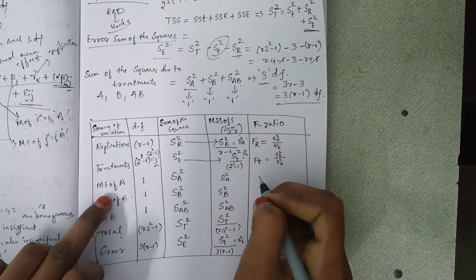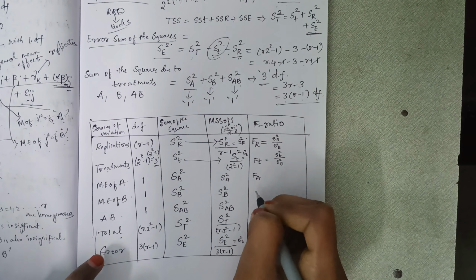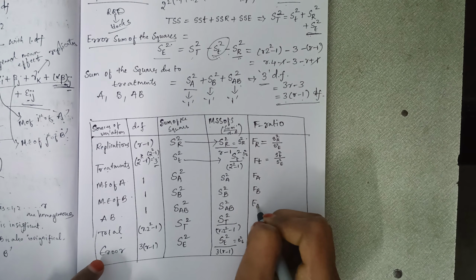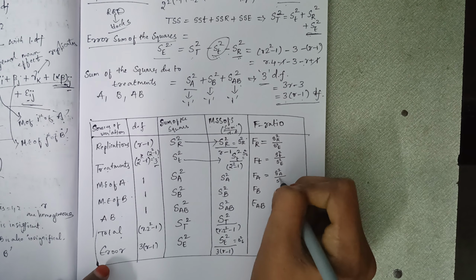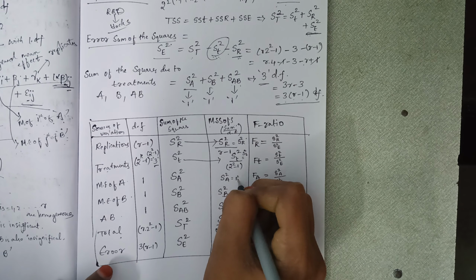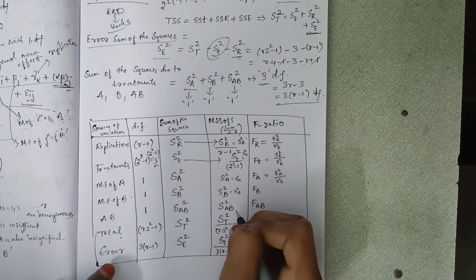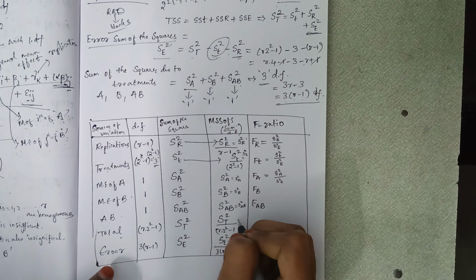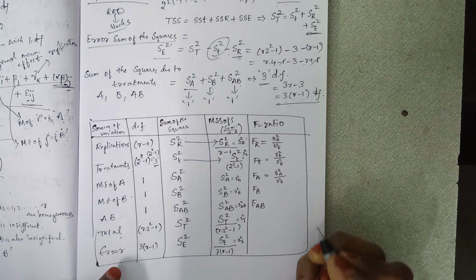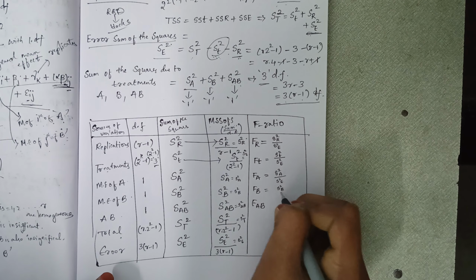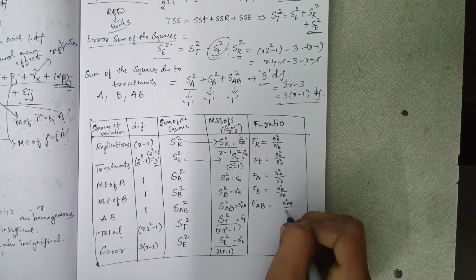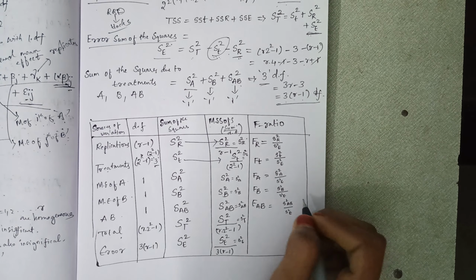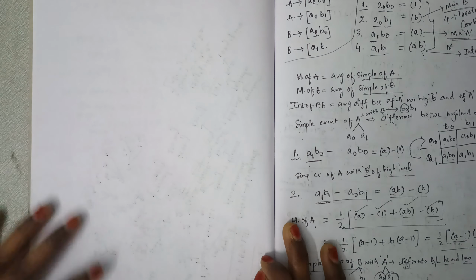And for the main effects, that is FA, FB, FAB: FA equals small s square A by small s square E, therefore F B equals small s square B by small s square E, and F AB equals small s square AB by small s square E. And this is what we have learned till now. Let us do a summary now.